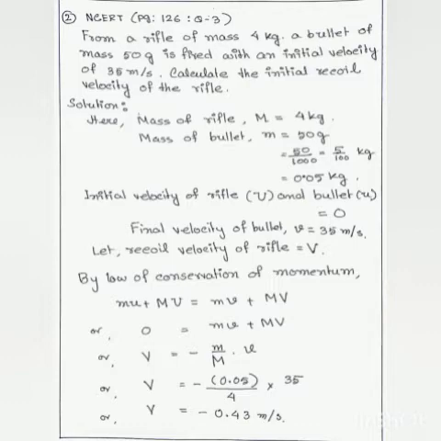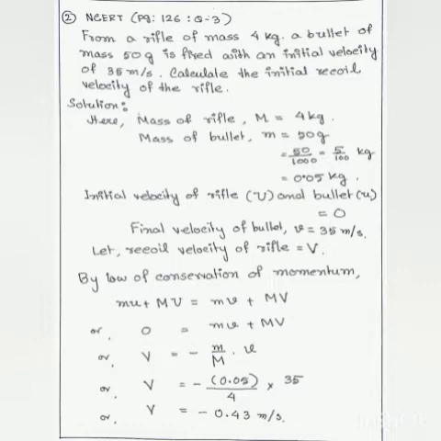And by law of conservation of momentum we can write small m into small u plus capital M into capital U, which is initial momentum, equals small m into small v plus capital M into capital V, which is final momentum. Now here initial momentum is 0 and final momentum is small mv plus capital MV.